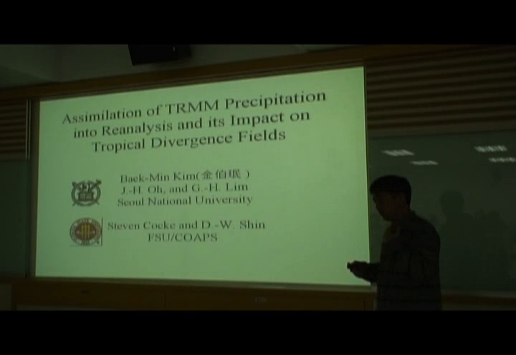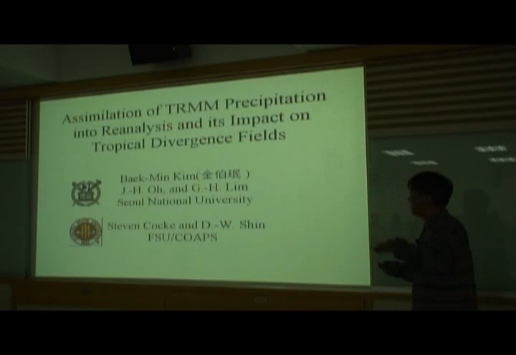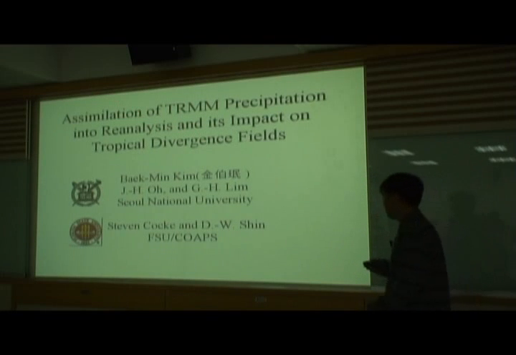But they have one caveat, because they don't use precipitation observation. So our topic is how it changes if we assimilate precipitation into the pre-existing reanalysis data, and how it changes the circulation related to the precipitation.